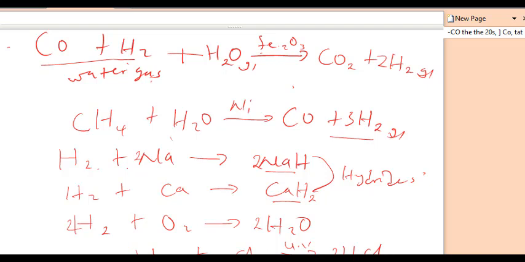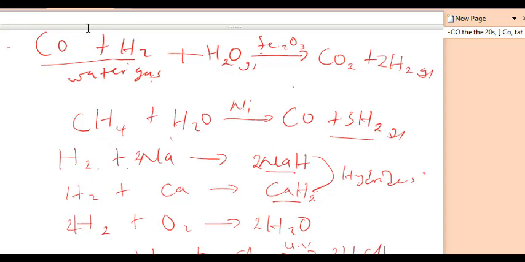Another chemical property of hydrogen is its reducing ability. Hydrogen is a good reducing agent as it reduces oxides of some elements into their respective elements, like oxides of copper, zinc, iron, and lead.